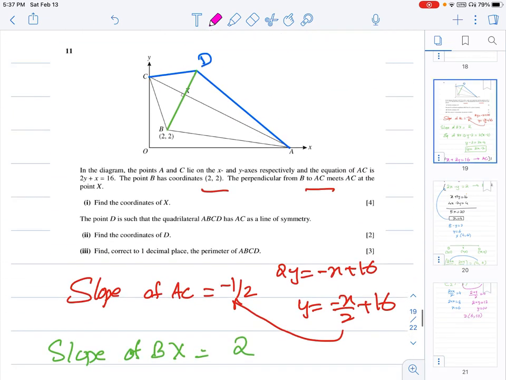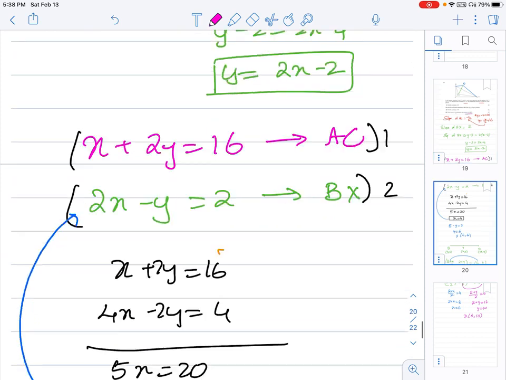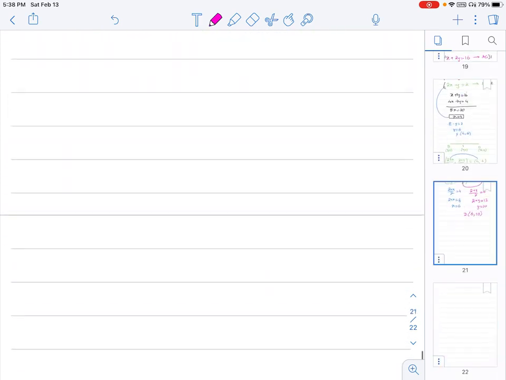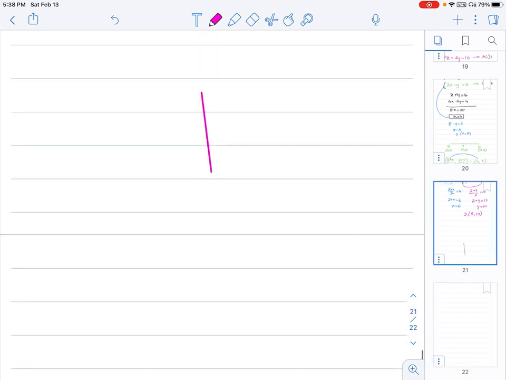Next part. Find, correct to one decimal place, the perimeter of ABCD. So first draw ABCD. It looks almost like this.